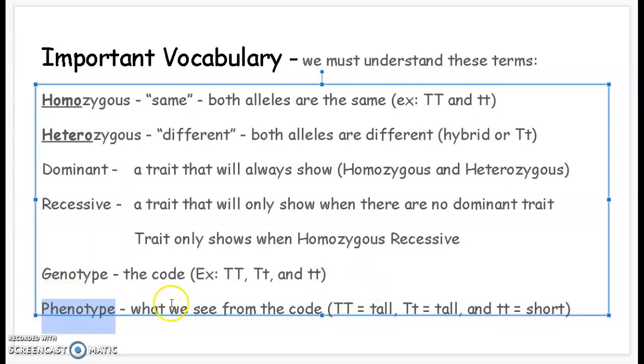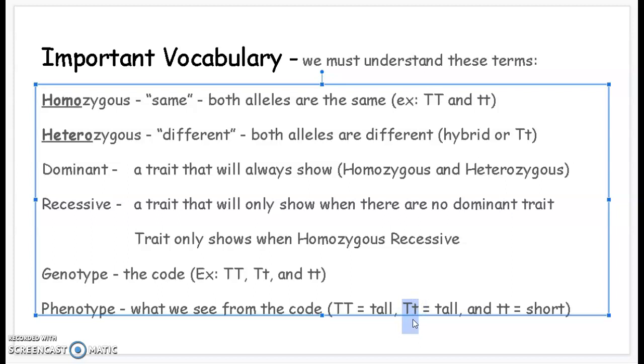Phenotype. Phenotype is actually the expression of the code. And so in my example, 2 T's, the homozygous dominant is tall because the trait is dominant. The heterozygous, the hybrid, it has one dominant trait.